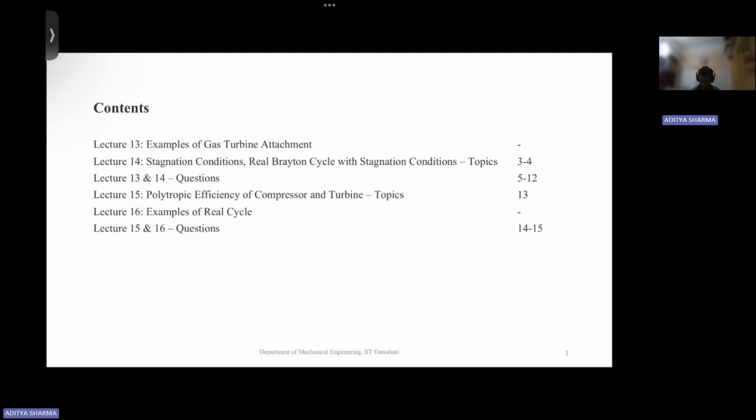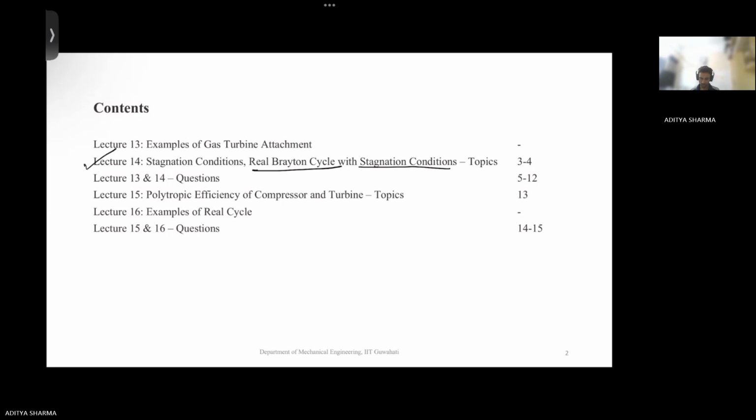After this, we have lecture number 14, which is on stagnation conditions, the real Brayton cycle with stagnation conditions. So before this, we have been neglecting some things while we are analyzing our Brayton cycle, related to your working fluid. So things like potential energy of air or kinetic energy of the working fluid.